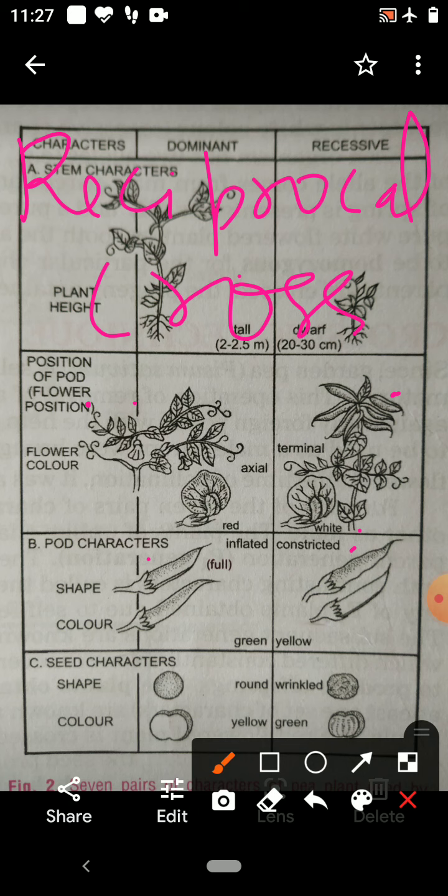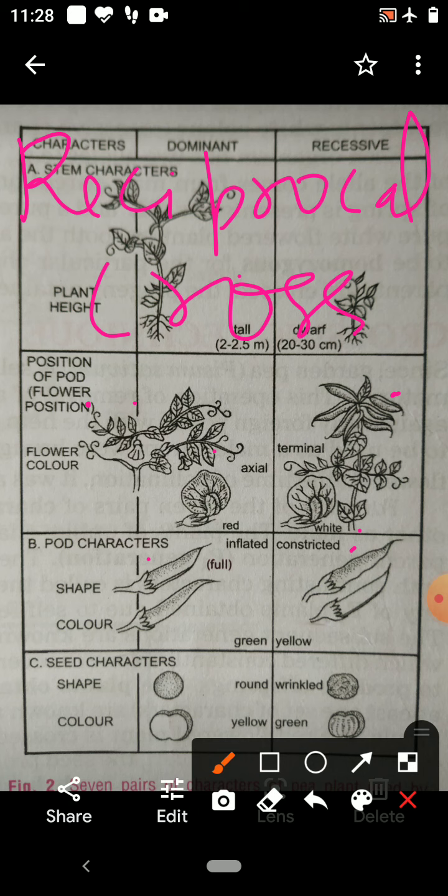F1 generation progeny are produced by the cross breeding experiment between the pure tall and pure dwarf. But progeny in the F2 generation are produced by the self cross among the progeny produced in the F1 generation.